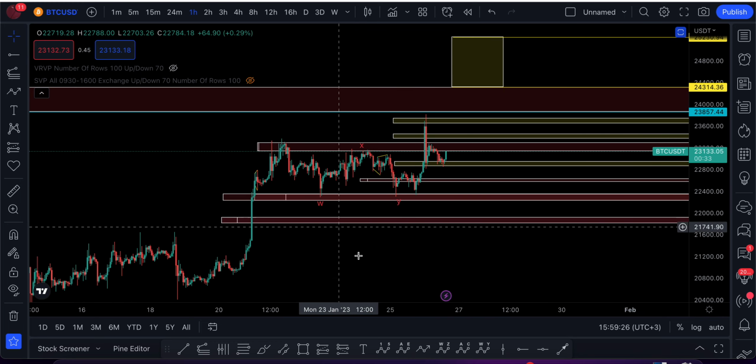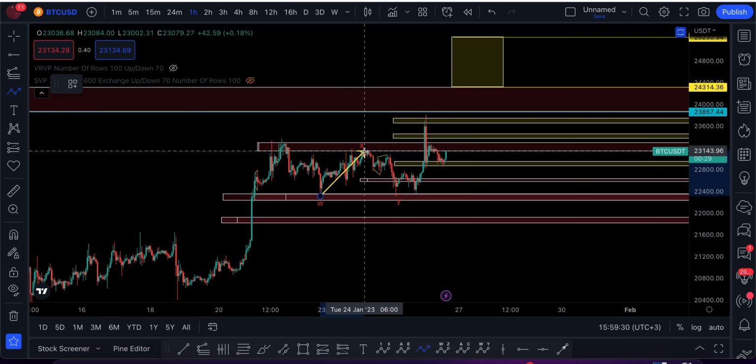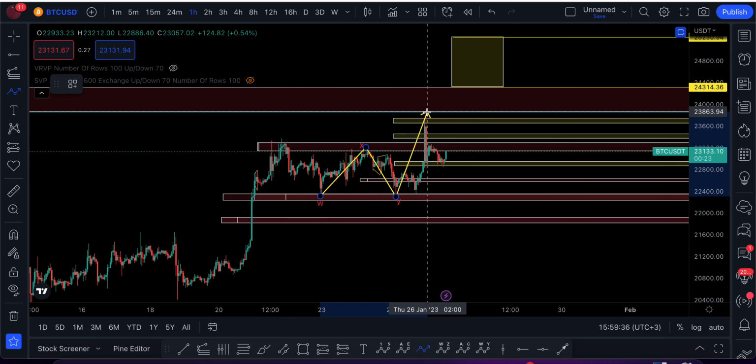So from this structure, starting from the W, when we came and made X, we didn't quite break this bottom here, right? And we went up.